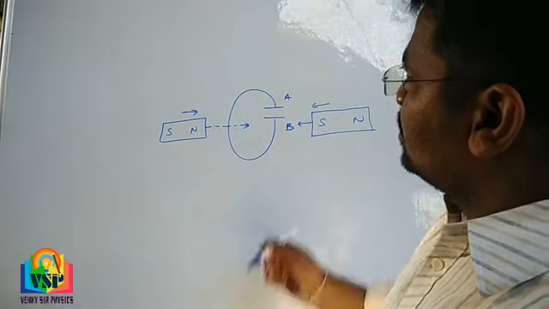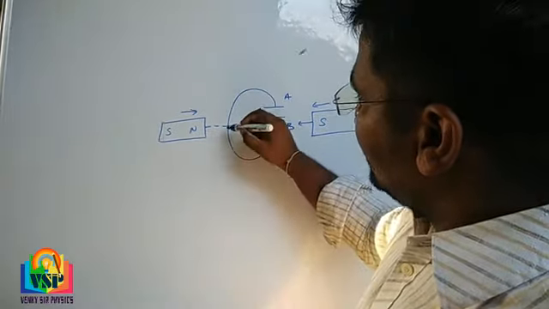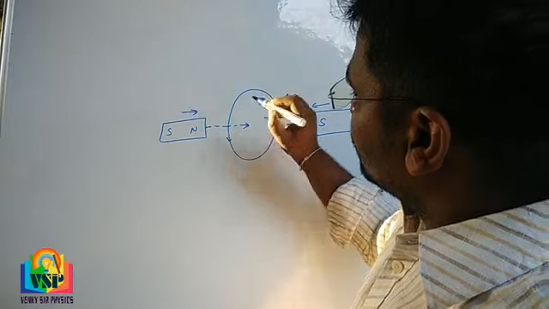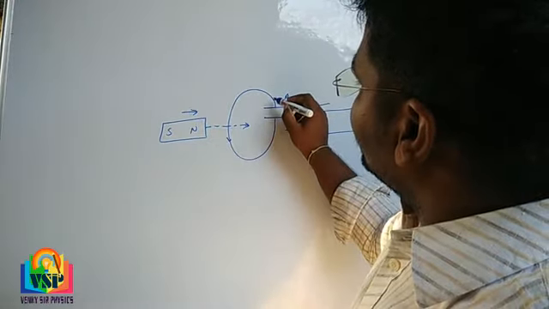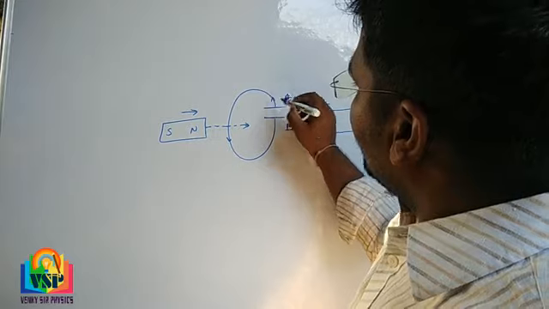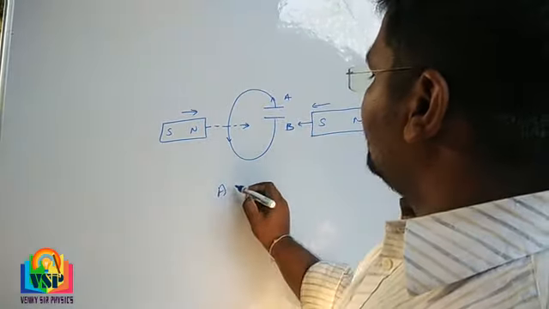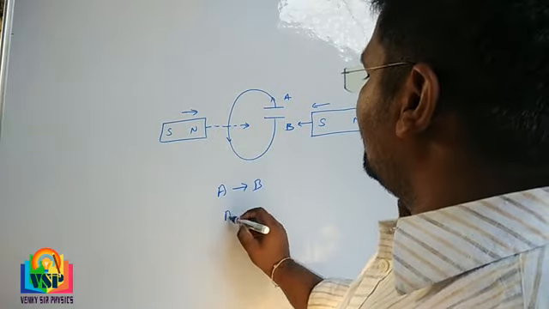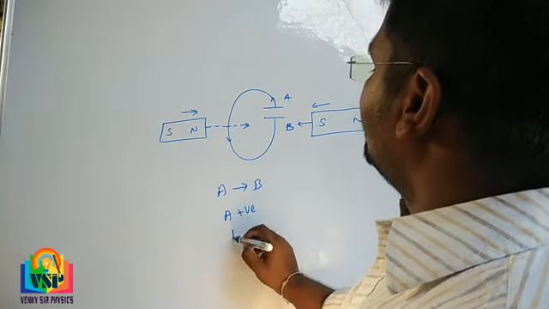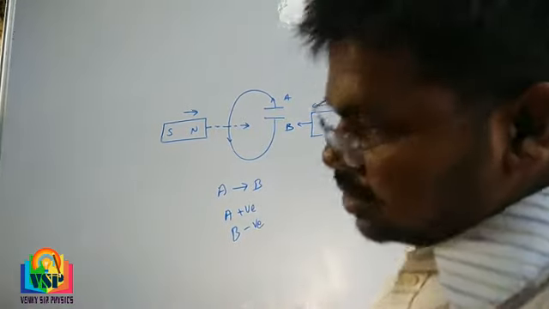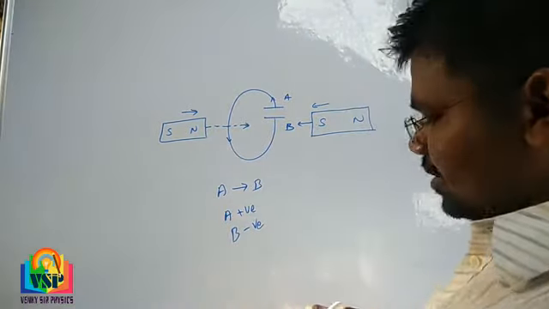So that's why the direction of the current is in this way, anti-clockwise direction. Understand? Means A to B, means A positive, B negative.